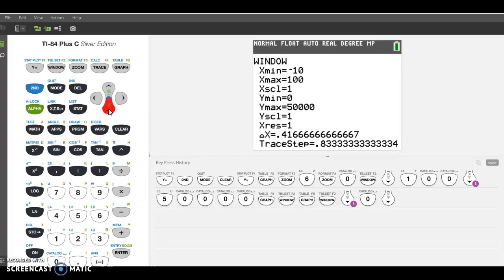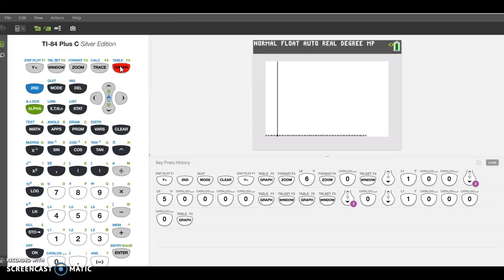This one's 50,000. I'm going to try to go up to 100,000. Once again, it's a lot easier on your calculator as opposed to my computer calculator. Not good enough.